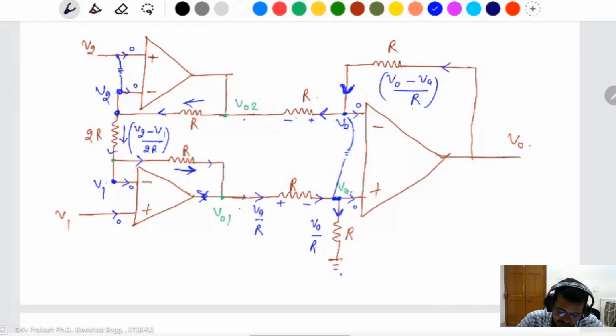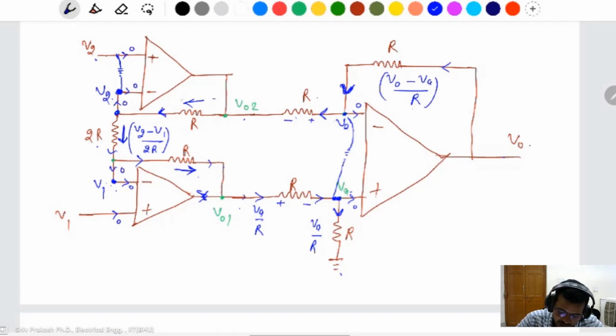This current is flowing through this resistance because V2 is given in the question, and the same V2 is at the negative terminal also because of the virtual short. Then V2, and this is V1 similarly. Then V2 minus V1 divided by 2R is the current flowing through this resistance, and the same current flows through the feedback, because this current is 0, this current is 0.